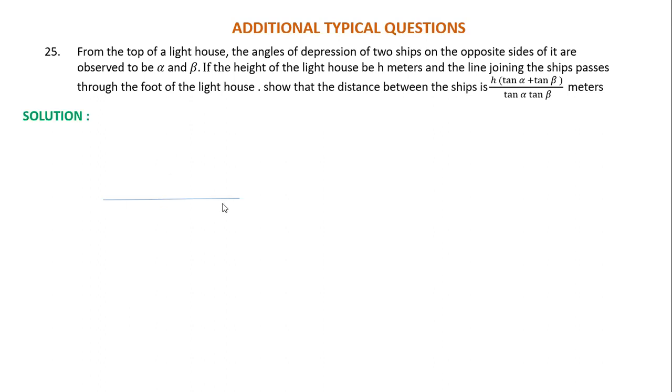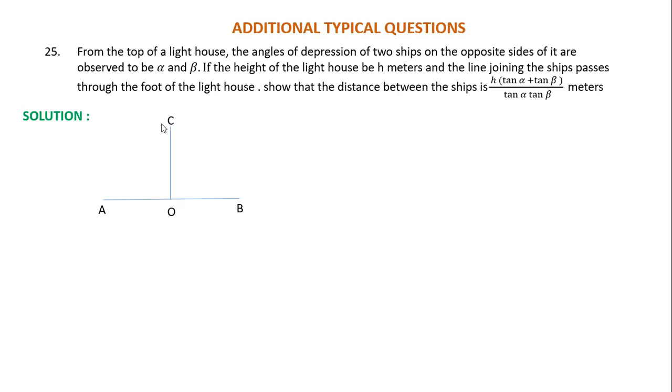There's a sea level, there's a lighthouse, two ships on opposite sides. So one ship is here, the other ship is here. And angle of depression. So O is the base of the lighthouse.